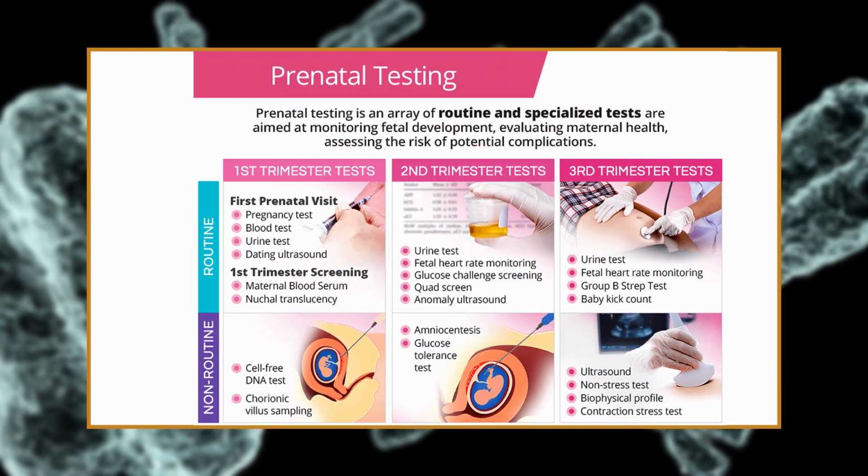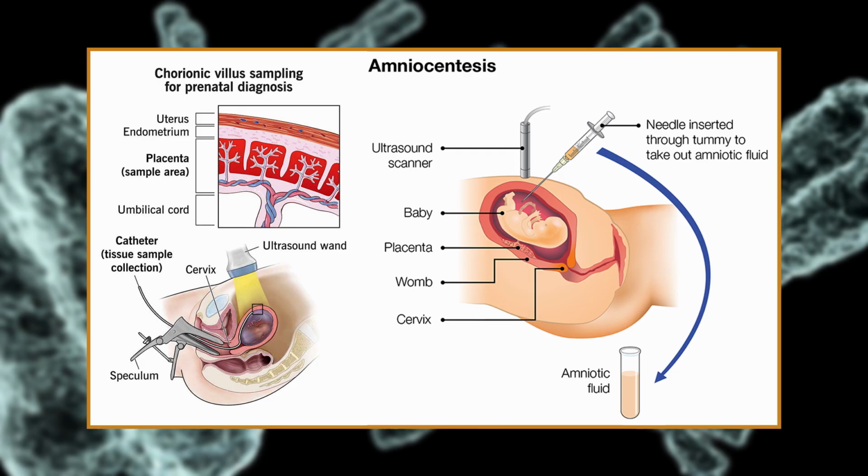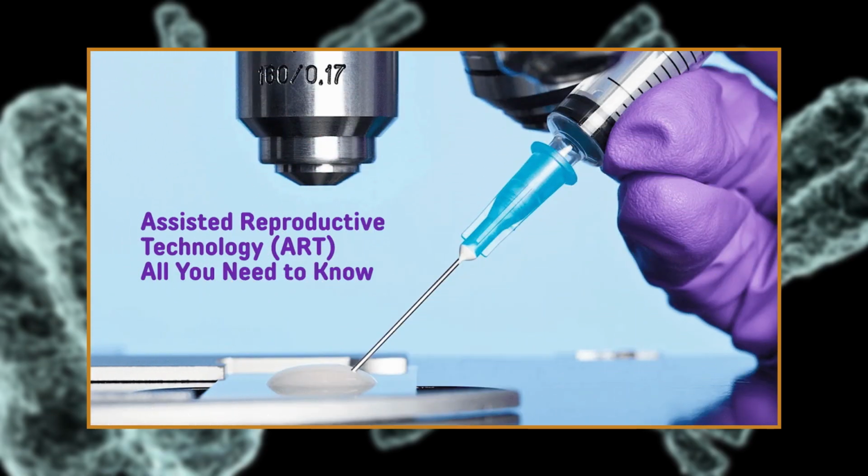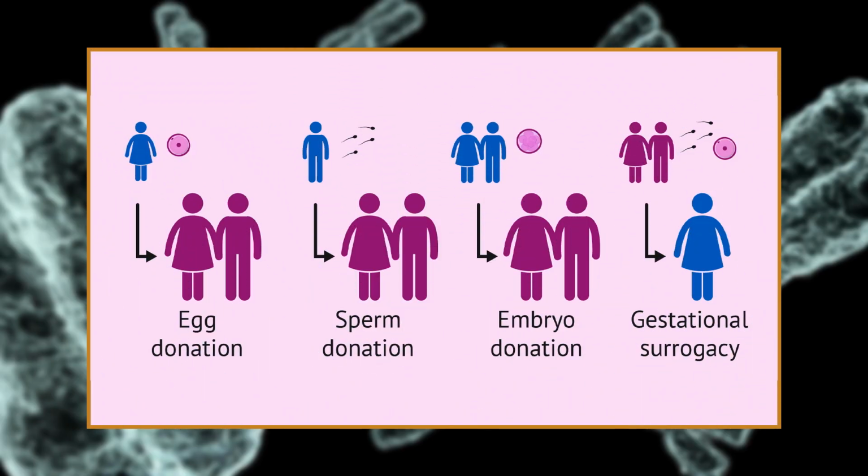Prenatal testing, such as amniocentesis or chorionic villus sampling, analyzes fetal cells for chromosomal abnormalities. Assisted reproductive technologies may be recommended to increase the chances of a healthy pregnancy, especially for individuals with chromosomal rearrangements. Adoption or use of donor gametes may also be considered if the risk of passing on a disorder is high.